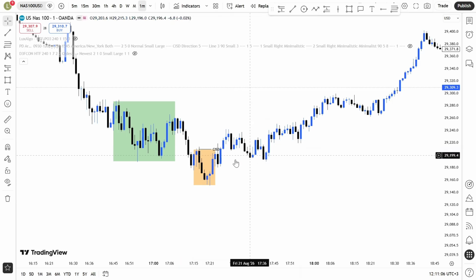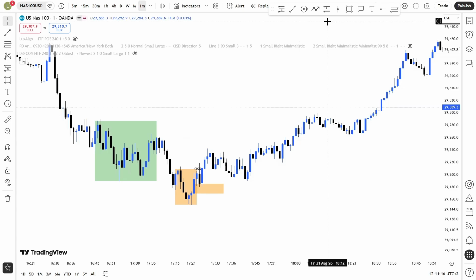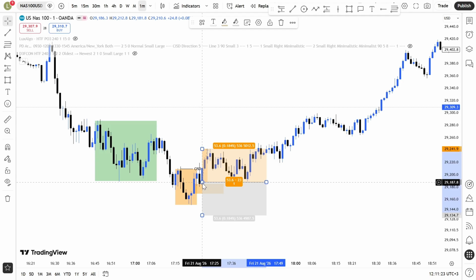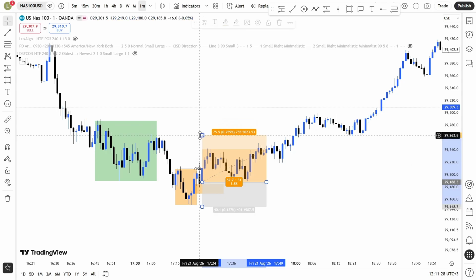Okay. So the question is, if you take a trade from the retest of this fair value gap here, and you don't know where to take profits from, how do you do it?